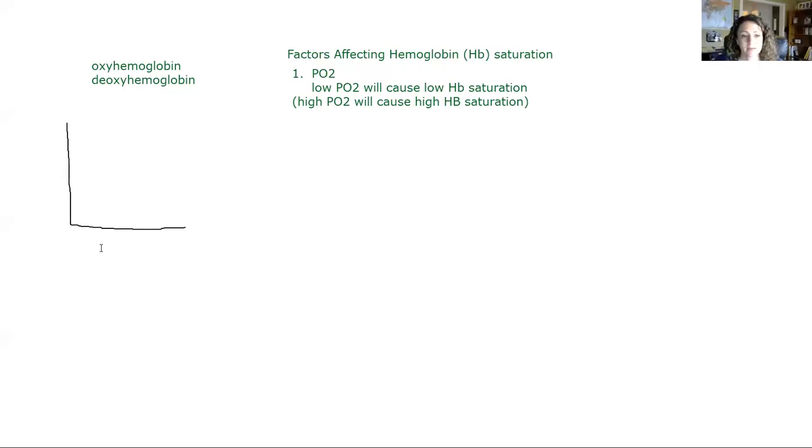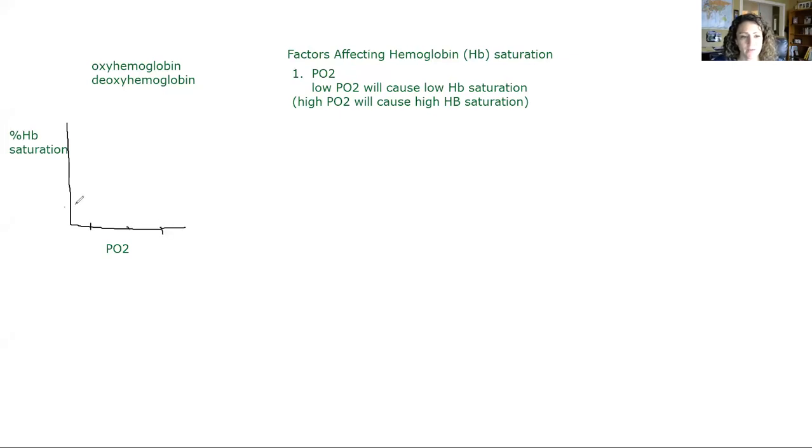Okay, so on the x-axis is the partial pressure of oxygen. On the y-axis is percent hemoglobin saturation. Low, medium, high.